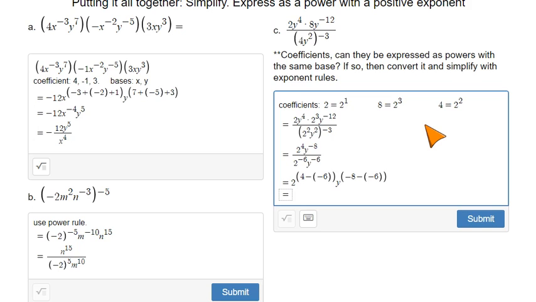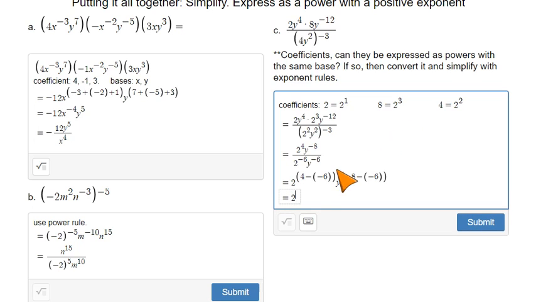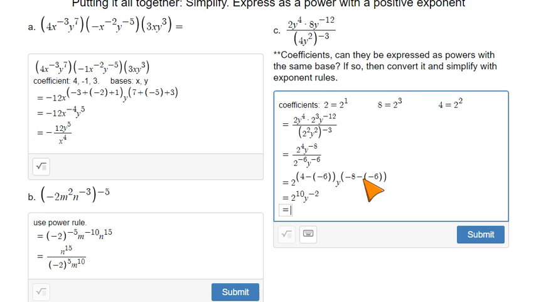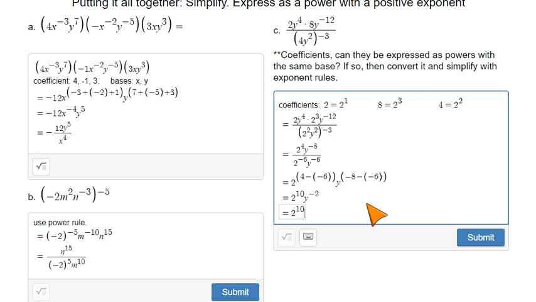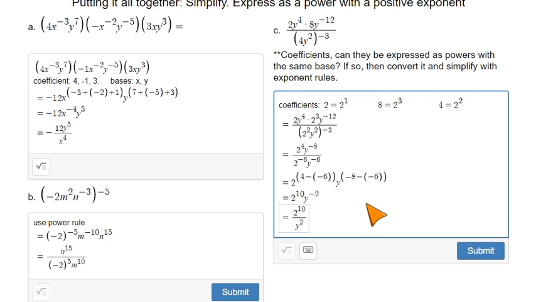Let's simplify it. 2 to the power of 10, because our two negatives become positive. And now the y, negative 8 plus 6, that gives us negative 2. And we need to put this into our denominator so that we can express it as a positive exponent. 2 to the power of 10, all divided by y squared.